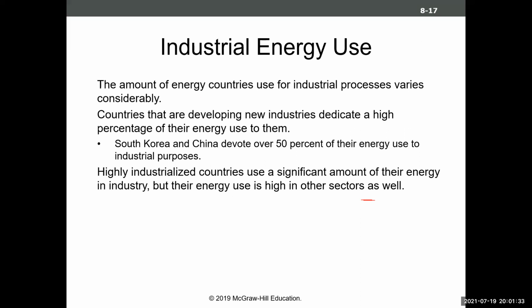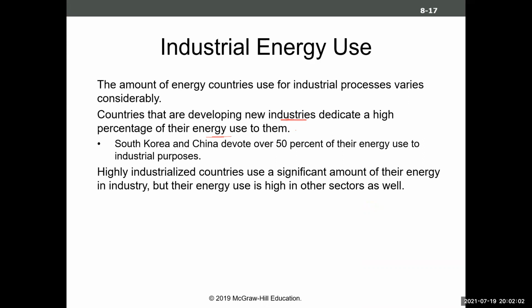Now, if you look at industrial processes from country to country in terms of the amount of energy used, it's going to vary considerably, again due to what that population requires in terms of industry, what they're focusing on, how developed they are, etc. And so countries that are developing new industries will have a high percentage of energy use dedicated to that development.